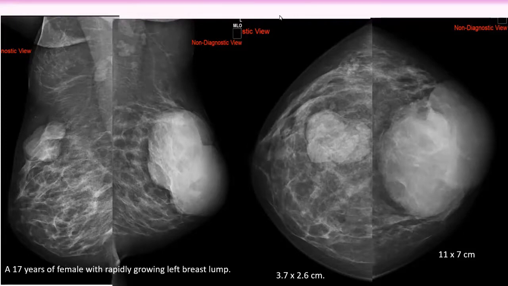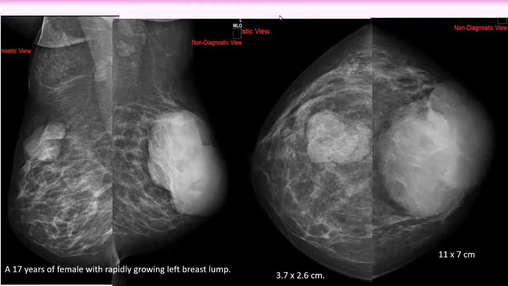Yes, what else? Fibroadenoma also. No, the other reasons for phylloides. Rapidly growing, and because of size. Yes, large.